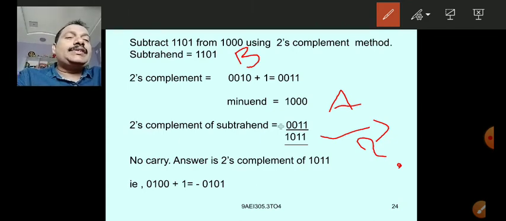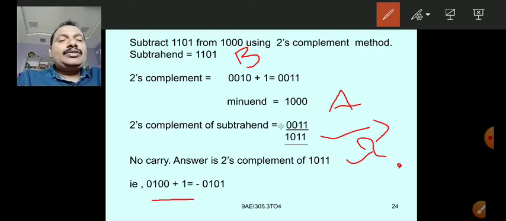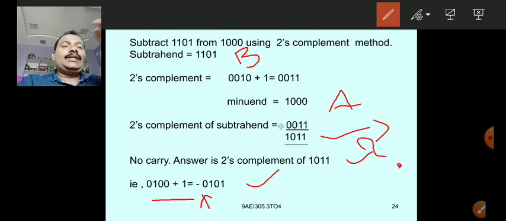To get the actual result, what you have to do is, once again you have to 2's complement this result so that you will get 0101 and put a minus sign here. Minus 0101 is the answer. So this is the second case.